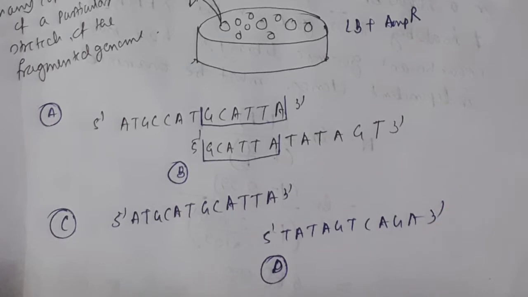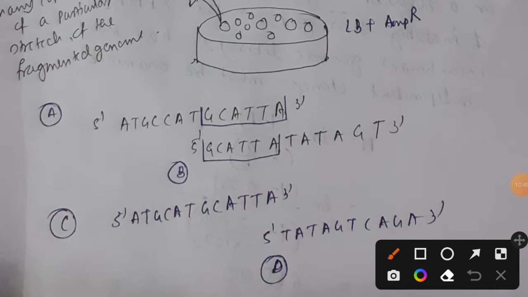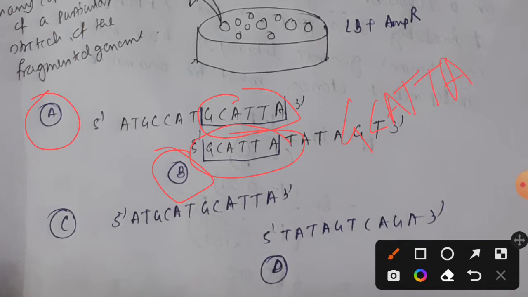For example, you have applied a mixture of restriction endonucleases to recombinant DNAs, and you have obtained two fragments, just taking an example, A and B. Overlapping means the A fragment will contain some sequence which is common with some sequence of B. You can see here the stretch of nucleotides GCATTA is the common sequence present in both A and B. So that will help us to understand that yes, the sequence B is just after A. That is why we have some overlapping part, right?